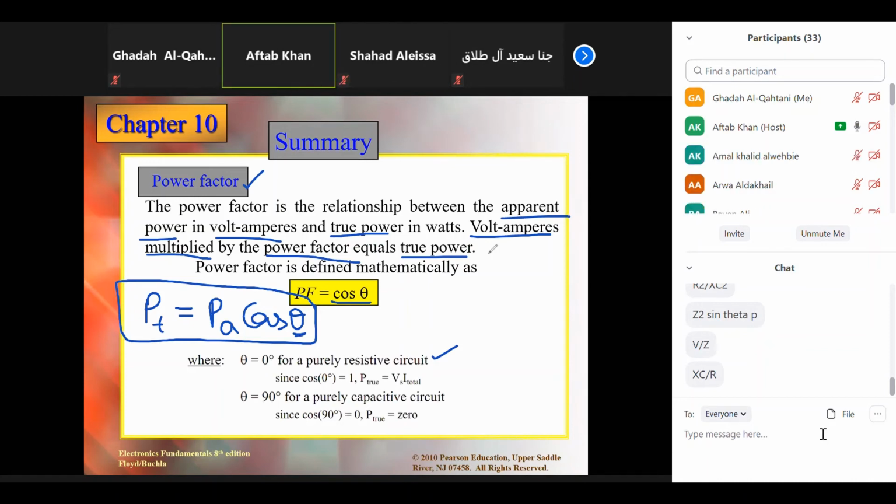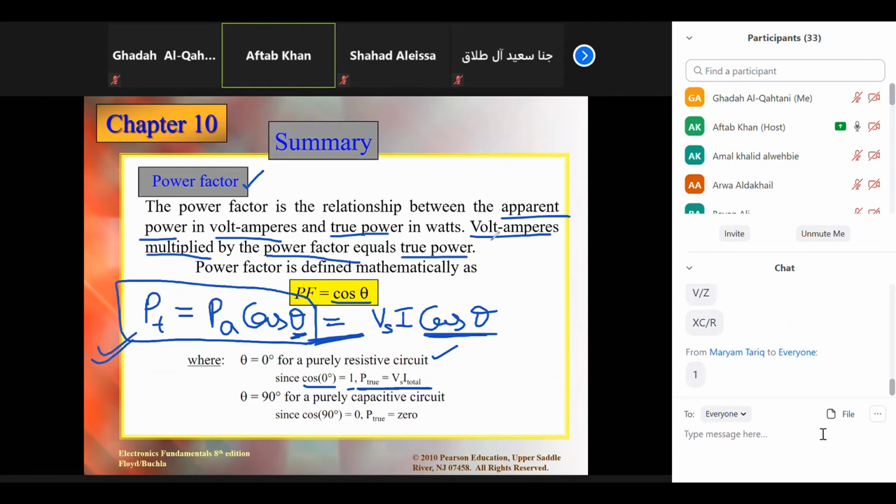So if we put 0 in this formula, we get cos 0. And cos 0 is 1. So at this time, P true will be V into I total. Why? Because PA is V into I cos theta, and this factor becomes 1, so P true will be like that.